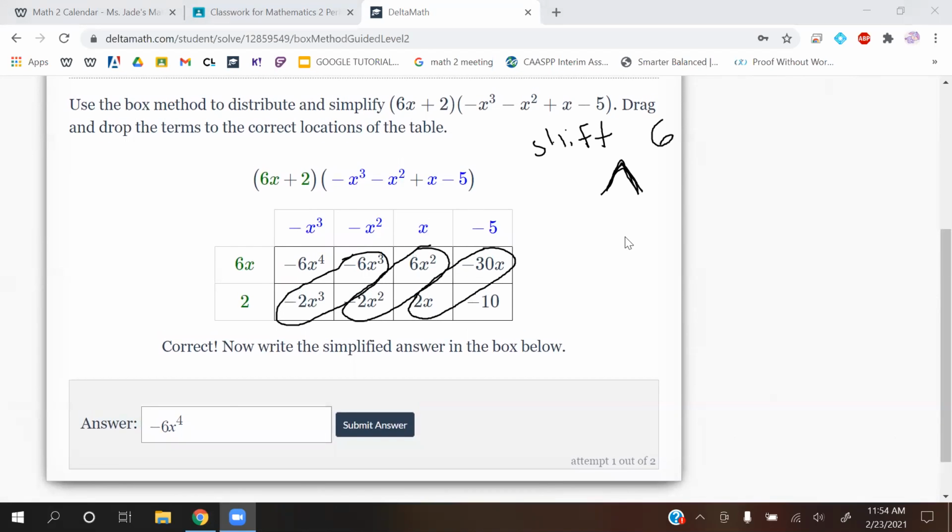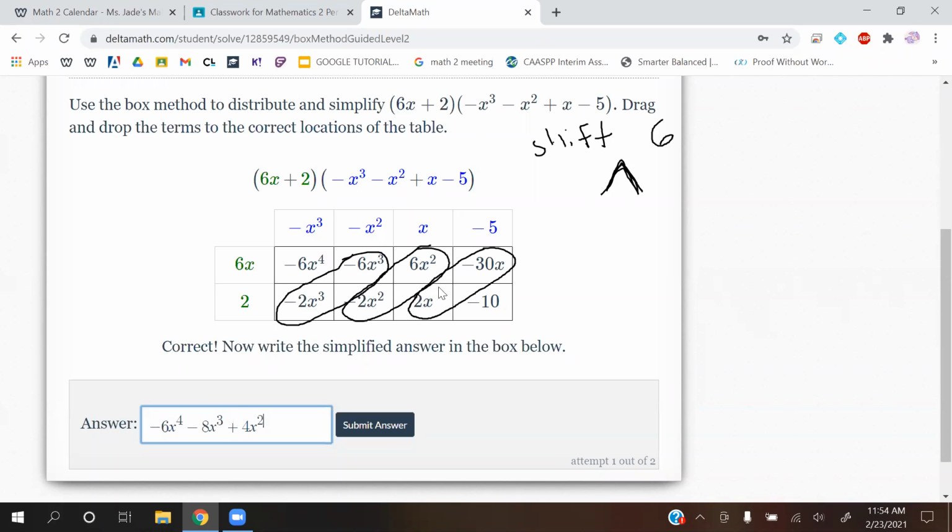Okay, so I got negative 6x to the power 4, and then we want to combine the x cubed terms. So negative 2x cubed and negative 6x cubed gives me negative 8x cubed. And then for the x squared terms, we got a negative 2x squared and a plus 6x squared. So that's a total of plus 4x squared.